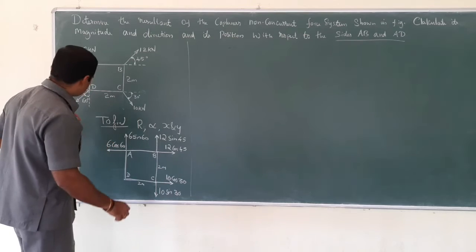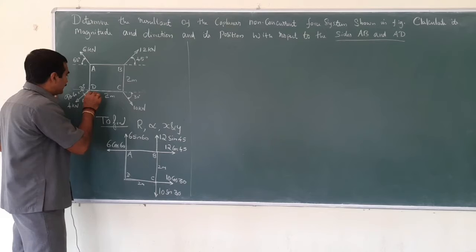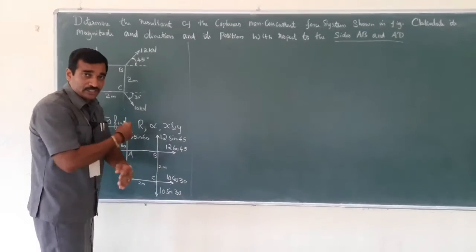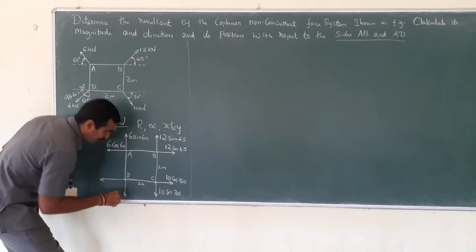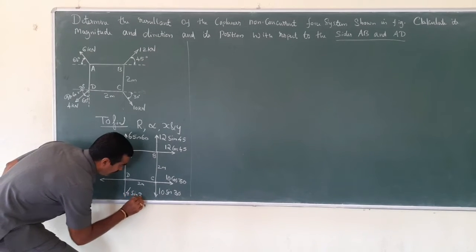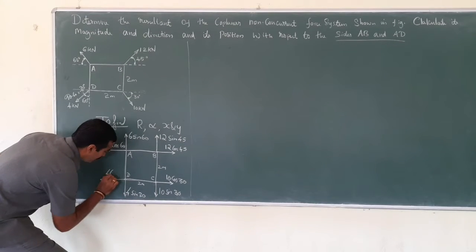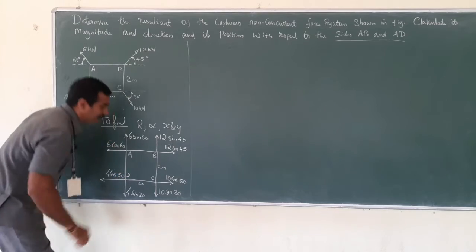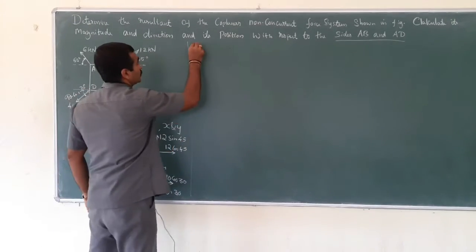So its nearest vertical can be vertically downwards and its nearest horizontal can be in the negative x direction. So it would be in this position. Its vertical can be 4 sin 30 degree, right, and its horizontal component 4 cos 30 degree. Got it? So let me just proceed further.